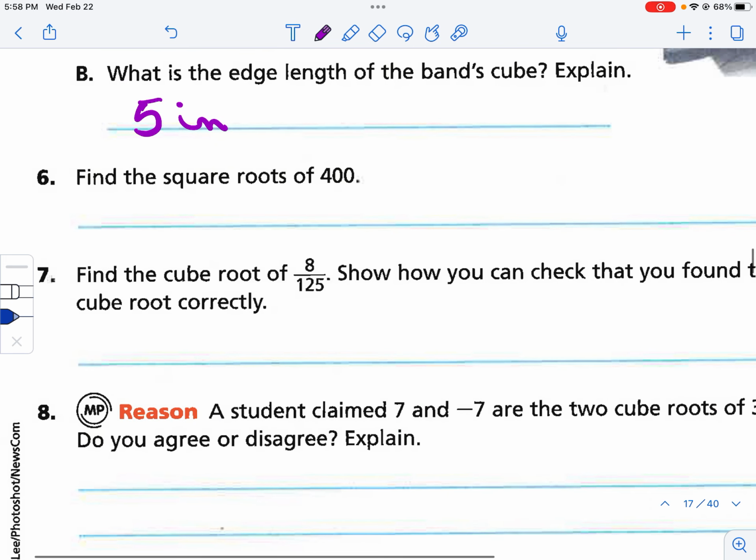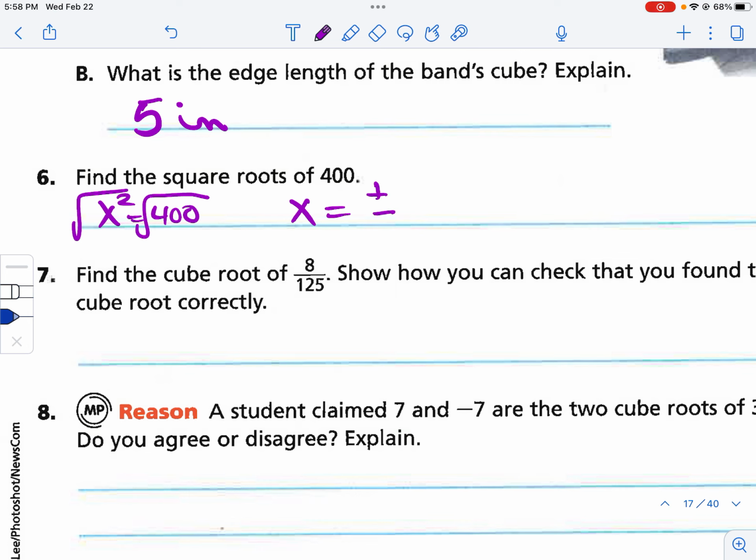Find the square roots of, so x squared equals 400. If I was to take the square root of both sides, I would get x equals plus or minus. What times itself will get 400?